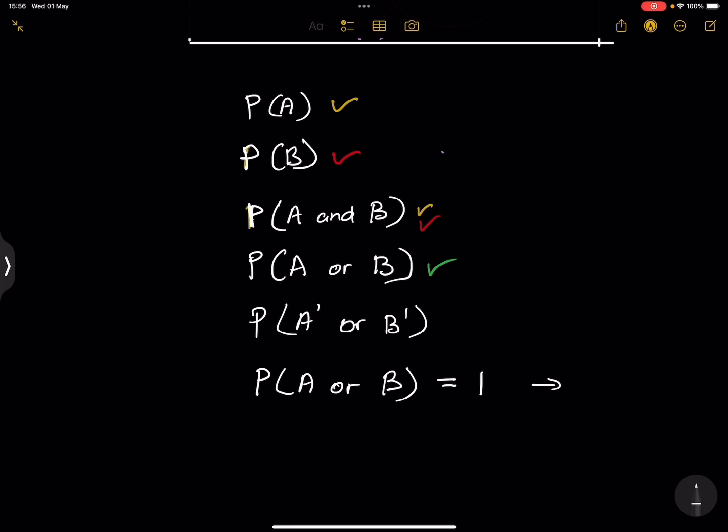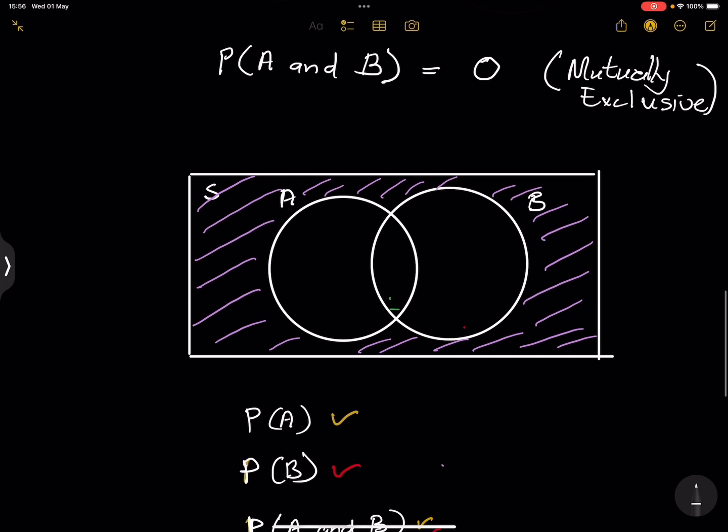This is an exhaustive sample space. What do I mean by exhaustive? It means there's nothing that is outside.